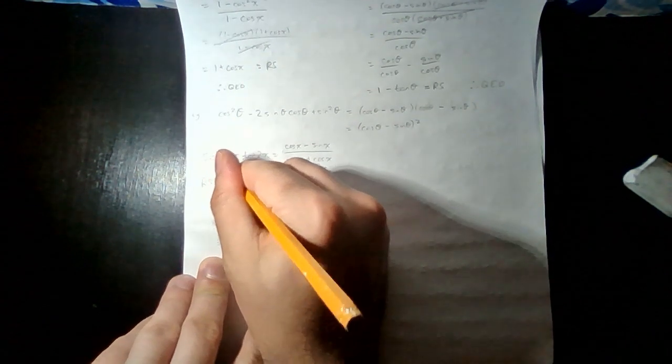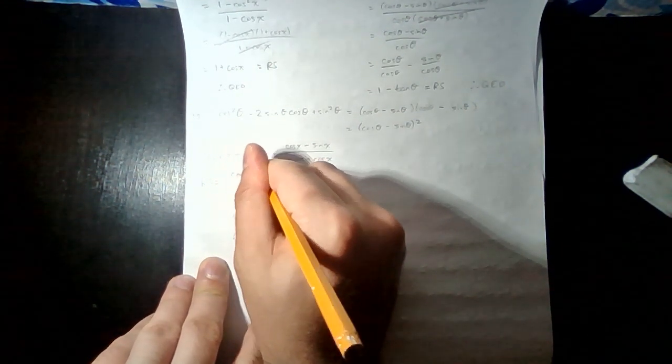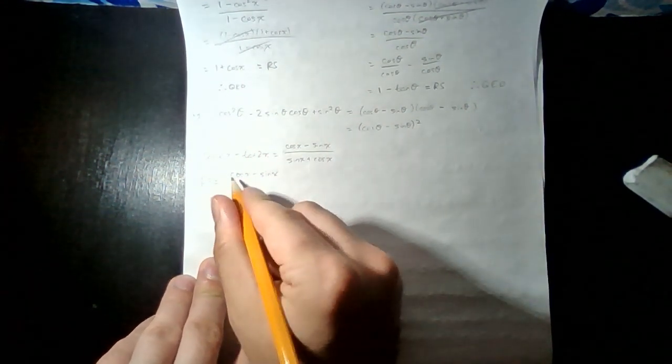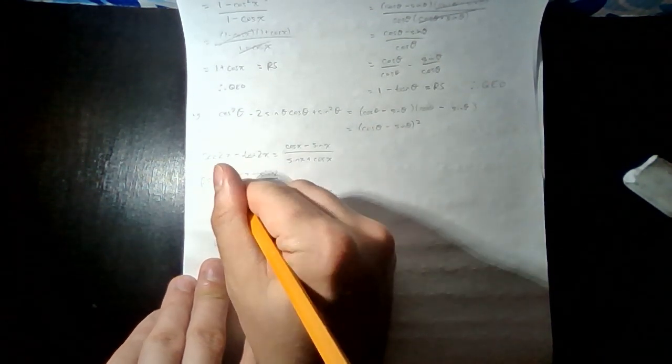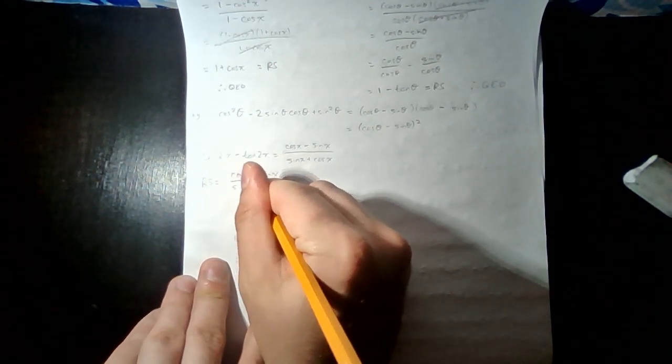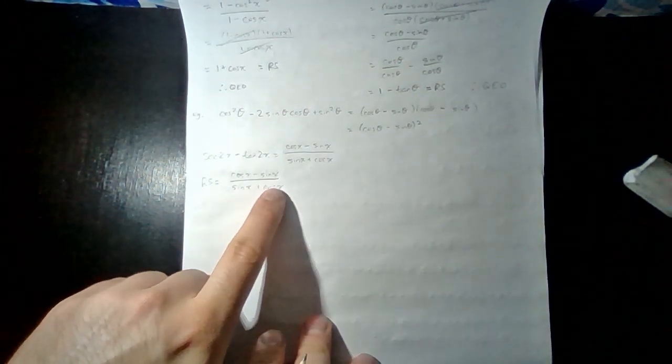So we're going to start with the right side. Also, it's more consistent with what I've been telling you, where we have more terms happening. We have a fraction. It's the side that immediately looks more complicated. So cos x minus sine x and sine x plus cos x.